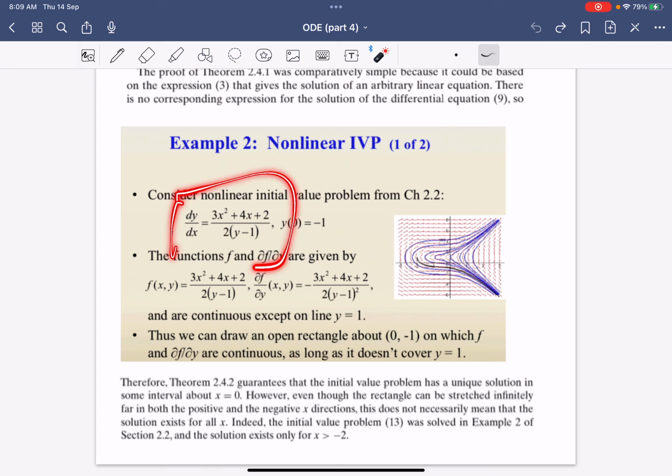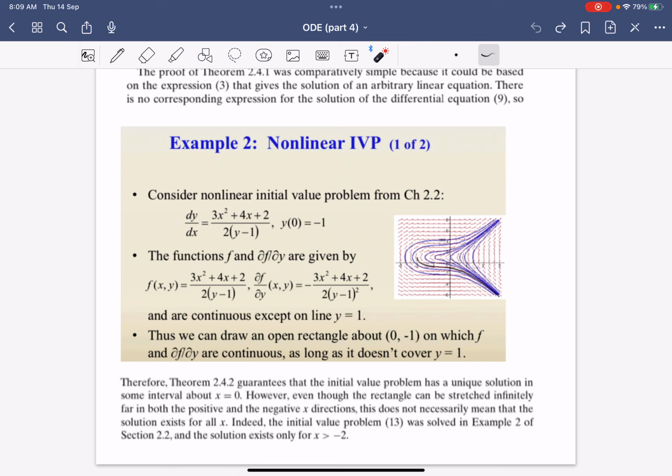One of them is the following. In this case, we see that the function here is continuous and the partial derivative is also continuous except on the line y equals 1.